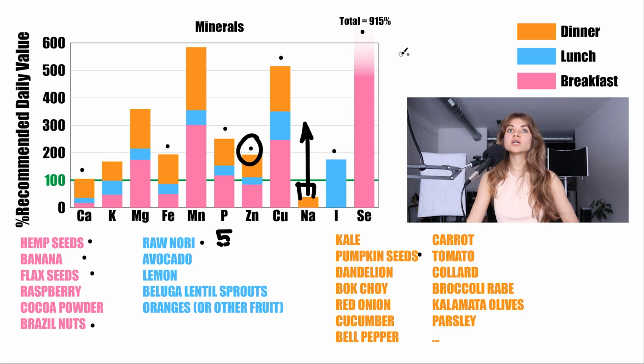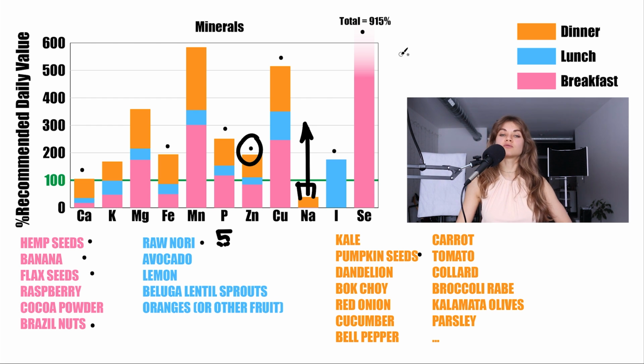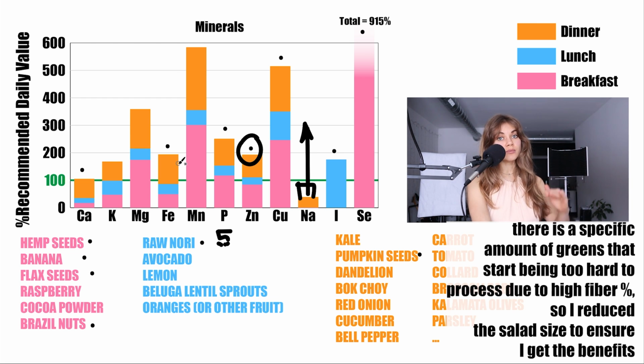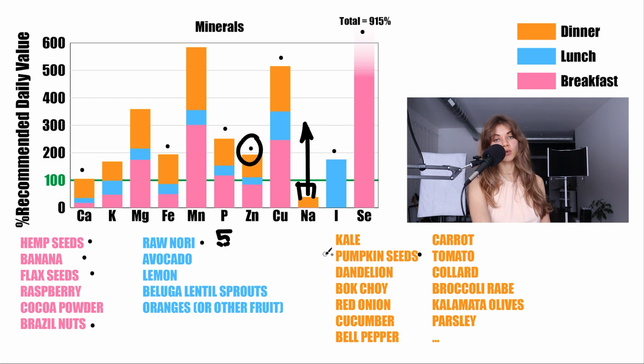Then where would I see the flaws of this diet? So the flaws here, again, all the orange bars are calculated for a pretty large amount of greens that I sometimes drop down. So if we cut pumpkin seeds, I preserve my favorite 100 grams. I eat them a lot because I want my zinc in, I want my protein in.